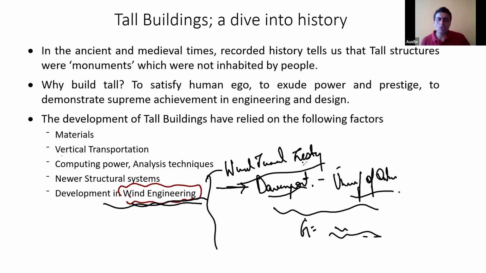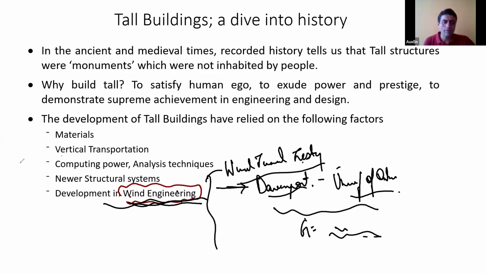Now almost all tall buildings essentially have to be tested in an actual wind tunnel, and only after it passes the wind tunnel test, you take the forces and the moments and the analysis outputs from the wind tunnel, and then you use them for your analysis and design.